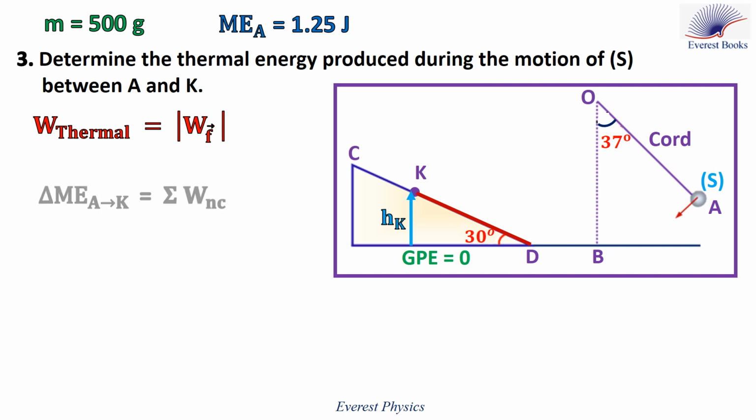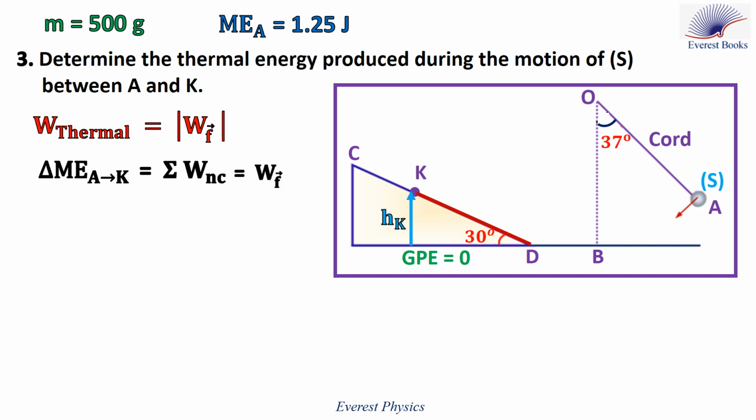But the variation in the mechanical energy between A and K equals the sum of the work done by the non-conservative forces between A and K. But the friction forces are the only non-conservative forces that do work between A and K. Then delta ME equals the work done by the friction forces. Then the thermal energy equals the absolute value of the variation in the mechanical energy between A and K.